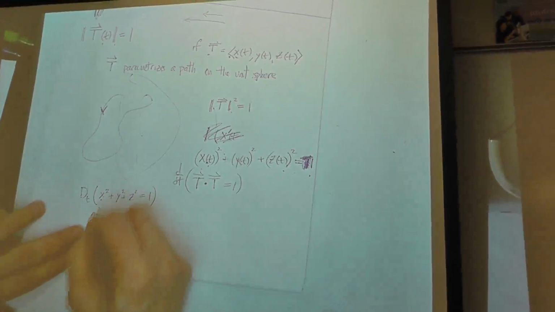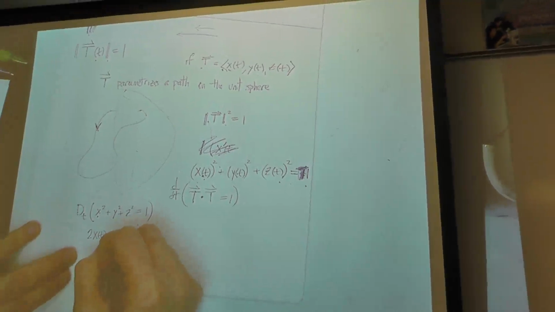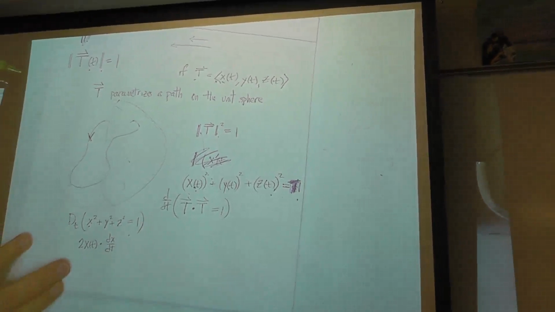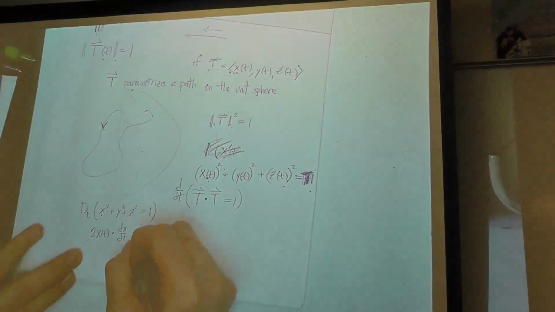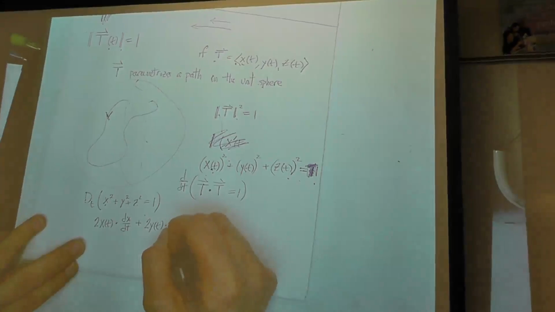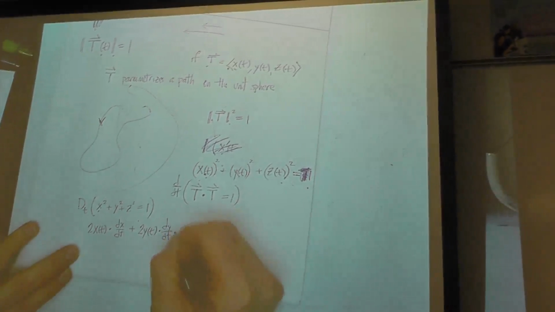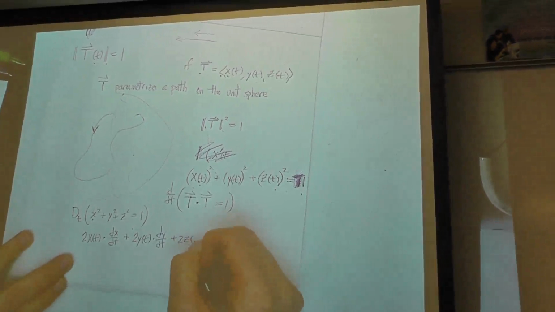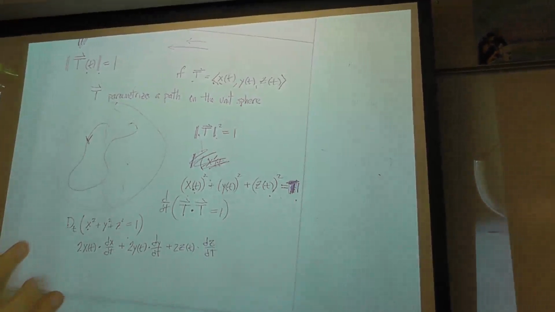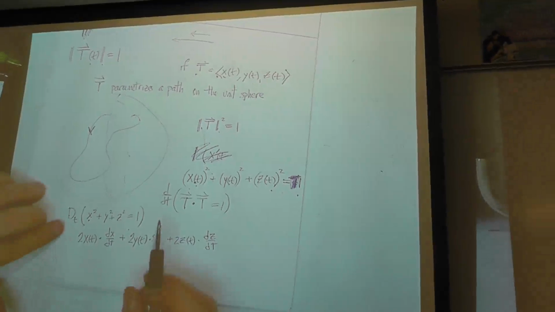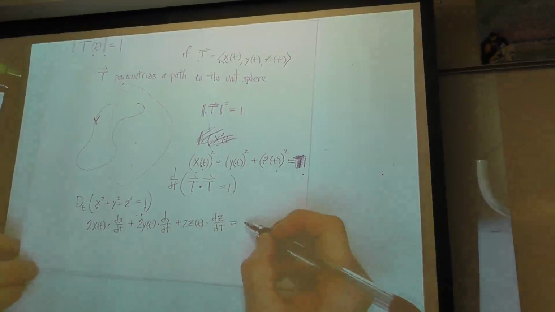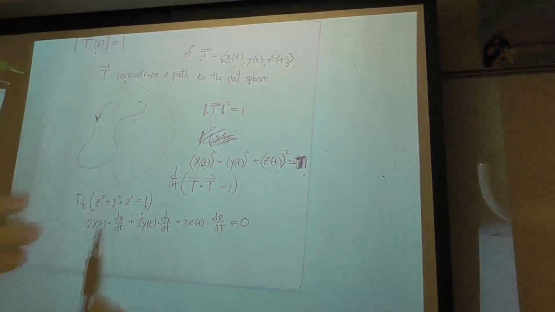This would give me 2x of t, chain rule, dx dt, plus 2y of t times derivative of y with respect to t plus 2z of t times dz dt, and that's equal to, what's the derivative of 1? 0.